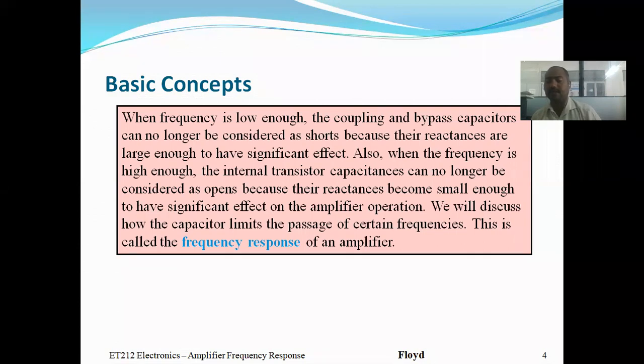Why they take part, we have to see, and accordingly we have to see the response with respect to low and high frequency for further stages. Also, which type of capacitance is generated during low and high frequency, we will see in the next slide.